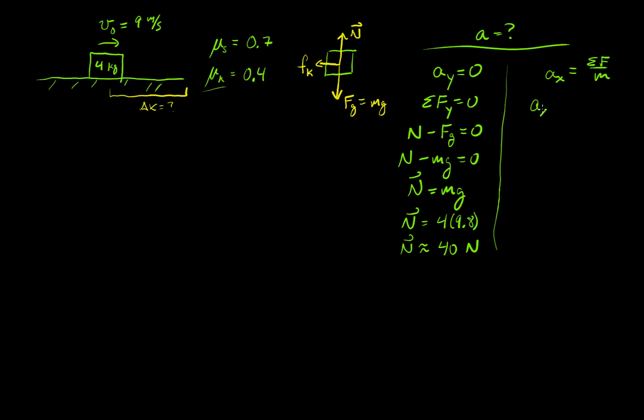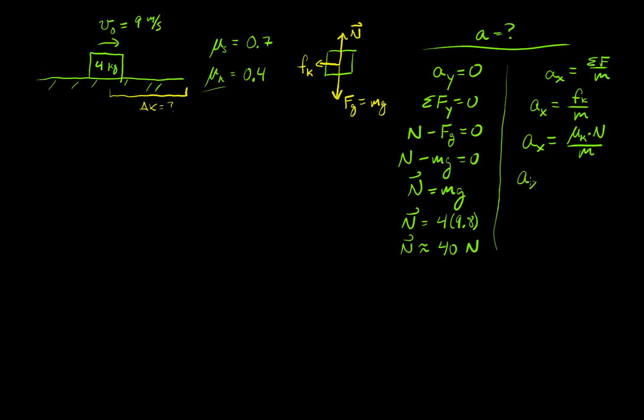So the acceleration in the x direction is the net force in the x direction, and the only force in the x direction is the kinetic friction, divided by the mass. So the acceleration in the x direction, kinetic friction, I'm going to substitute the definition. That's the coefficient of kinetic friction times the normal force divided by the mass.